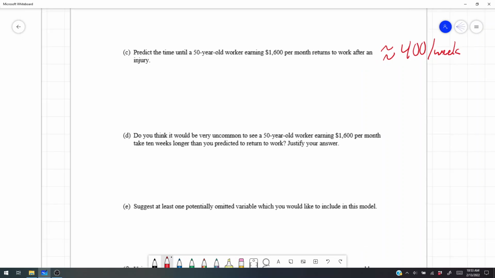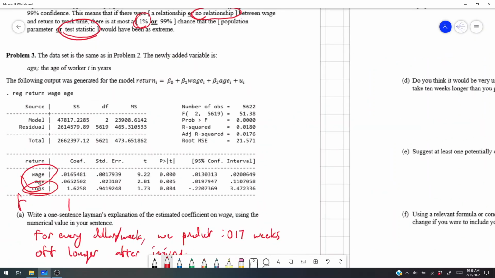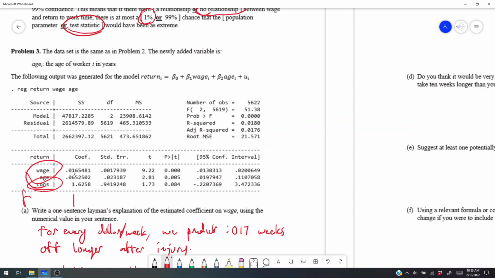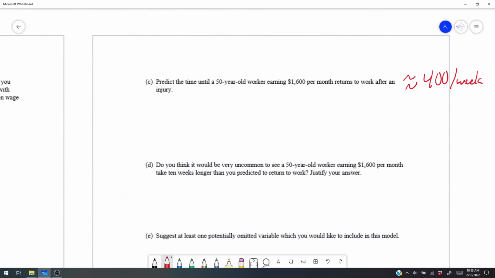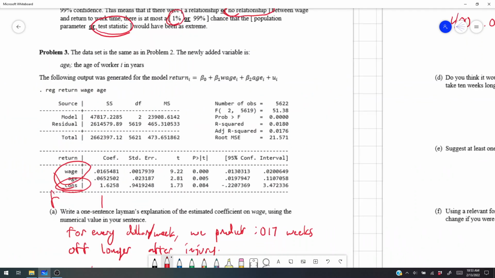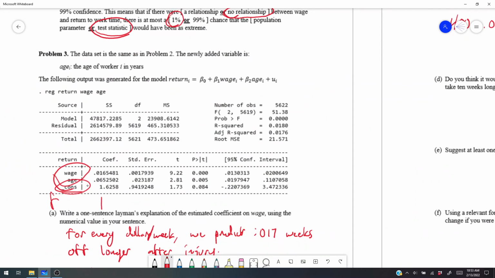All right. So then we go back to the data. What do we have? We have this many dollars, $400 per week. Multiply that by this, and then they are how old? 50? You can do this. So we have 400 times 0.017 plus 50 years old, and each year older 0.07.